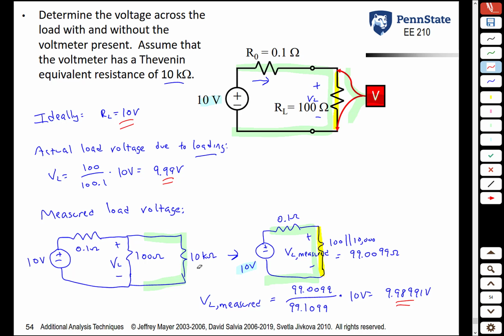One thing we see here is as long as the Thevenin resistance of the meter is much, much larger than the resistance that we're measuring the voltage across, you're not going to have much of an effect here. If Rm is much, much greater than RL, because remember, a load resistance in parallel with a very large number is approximately equal to the load resistance.